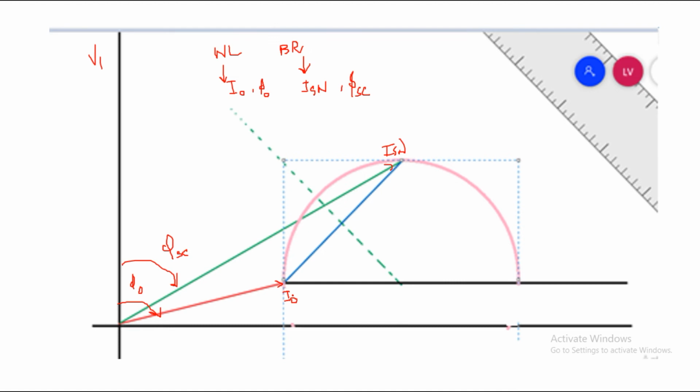And obviously we know this ISN is going to be very high compared with ISC and I0. So while solving numerical problems too, we can easily identify the value of ISN because it is going to be very high for all loaded conditions.